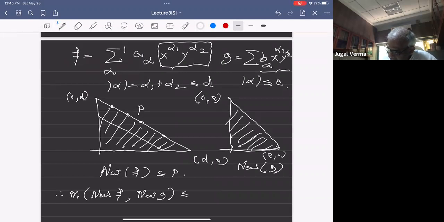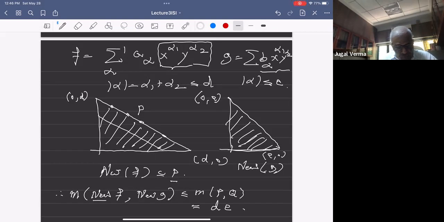So the mixed area of the Newton polygon of F and the Newton polygon of G is less than or equal to the mixed area of P and Q. But we just found the mixed area of P and Q, which was D times E.